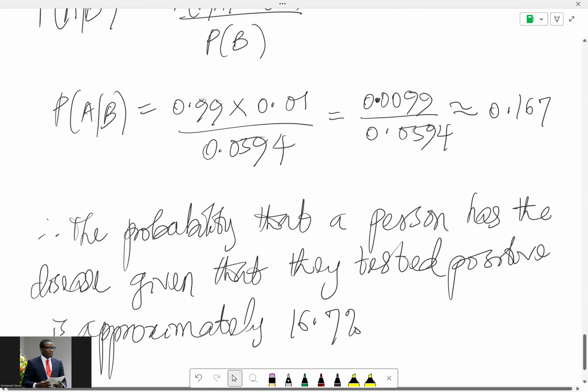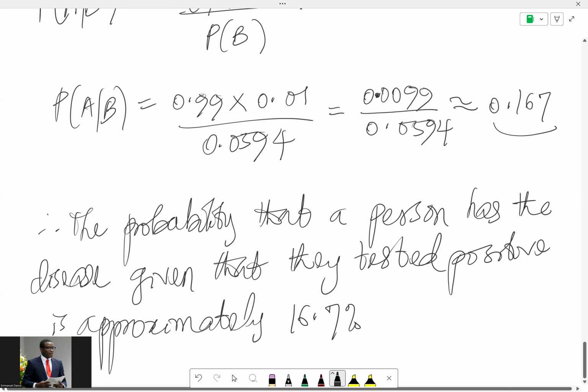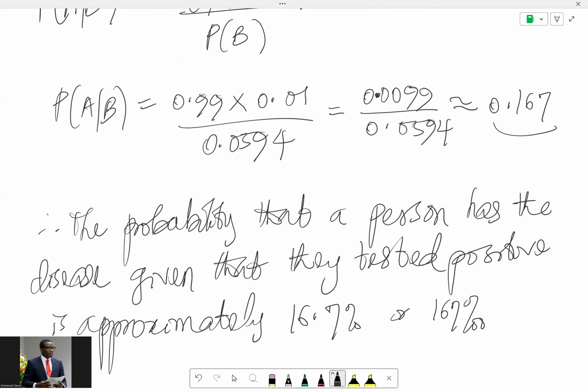Of course, because you have 0.167 multiplied by 100, that's 16.7%, or 167 per thousand, like I like to say. So if you test 1,000 people, the probability that a person has the disease, given that they tested positive, is approximately 167 out of 1,000 people, or 16.7 out of 100, basically.